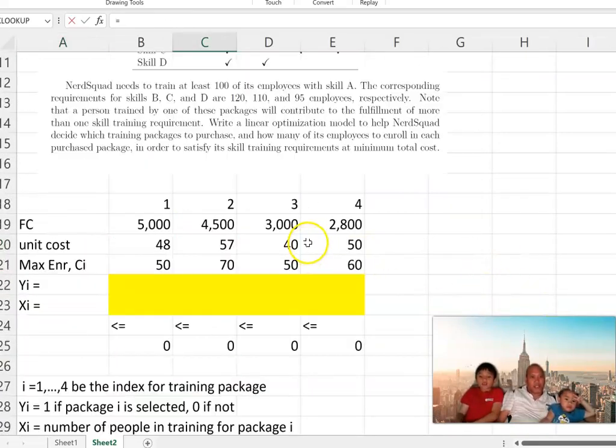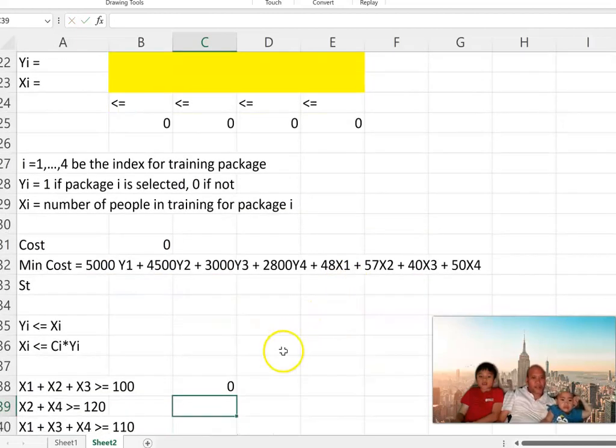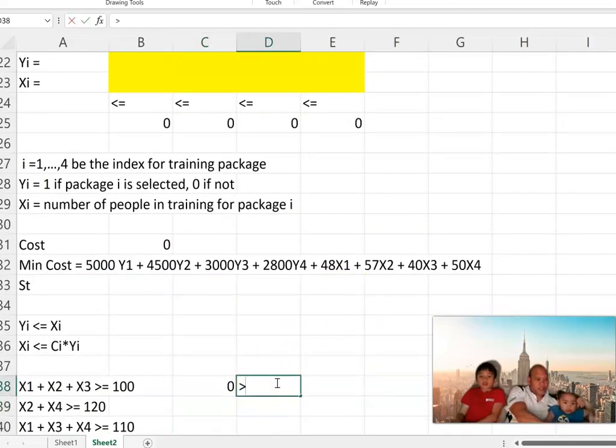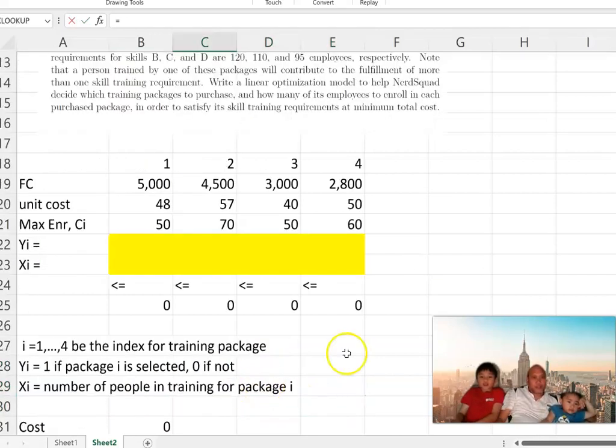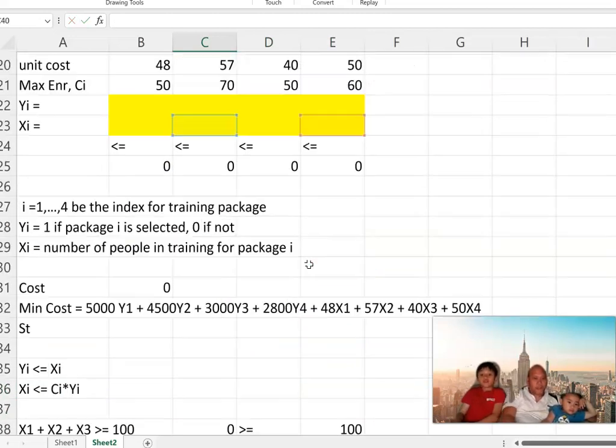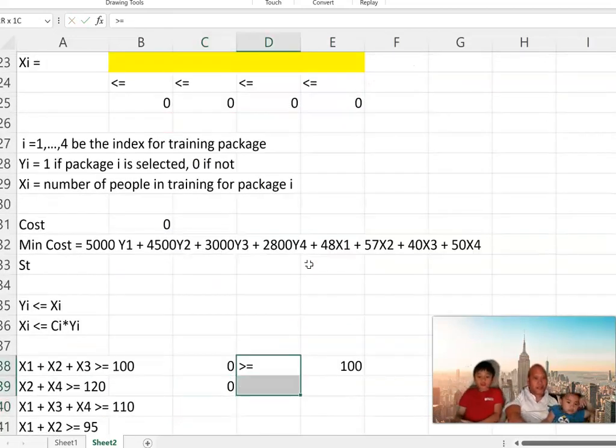This one is x2 plus x4, which must be greater than or equal to 120.